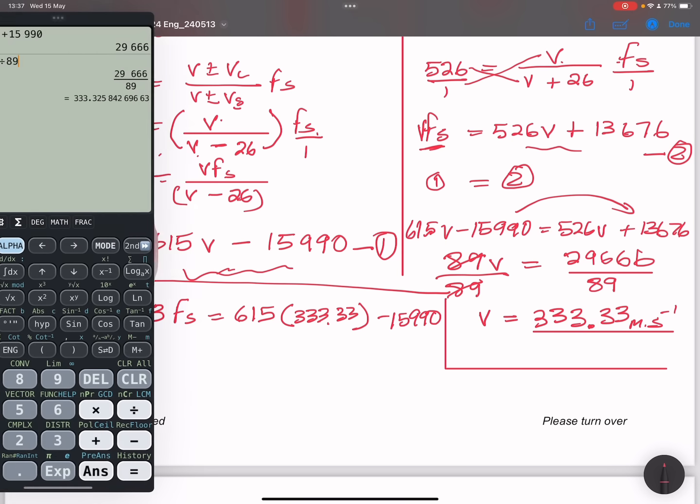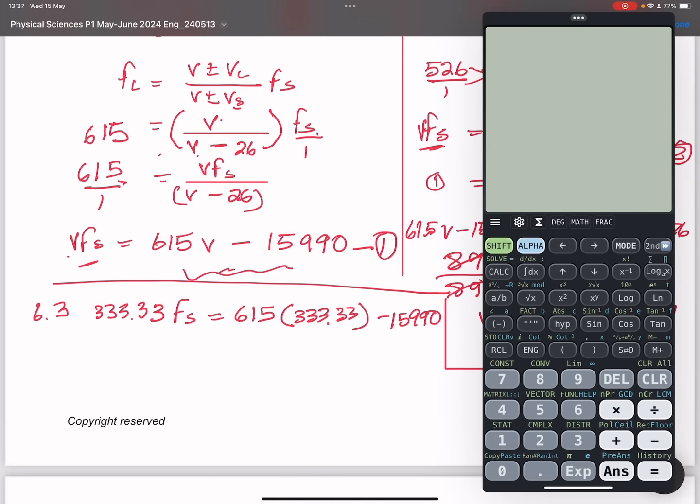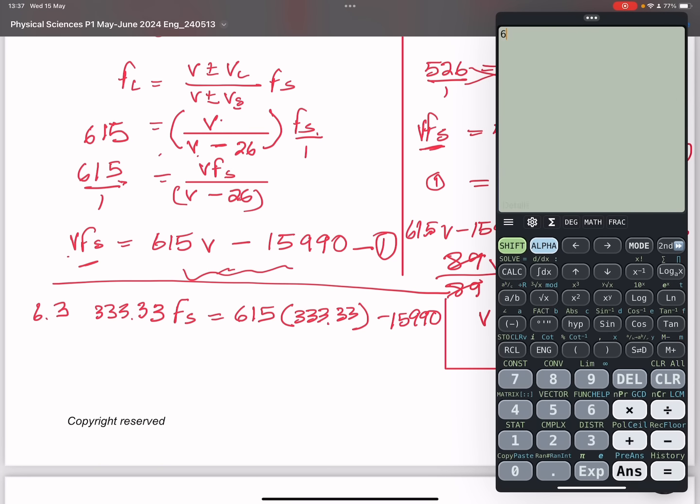Okay, so let's find that frequency of the source there. So I am going to say this is 615 multiplied by 333.33, minus 15,990, and all of that is divided by 333.33. Right, I am getting a frequency there. So the frequency of the source is 567.